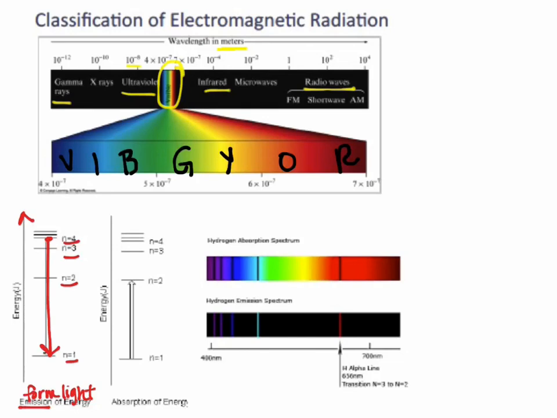Whereas in the absorption of energy, we absorb a photon, and it will kick that electron from its ground state up to its excited state. Now, ground state is not necessarily N1. Ground state could be N3 and going up to N4.